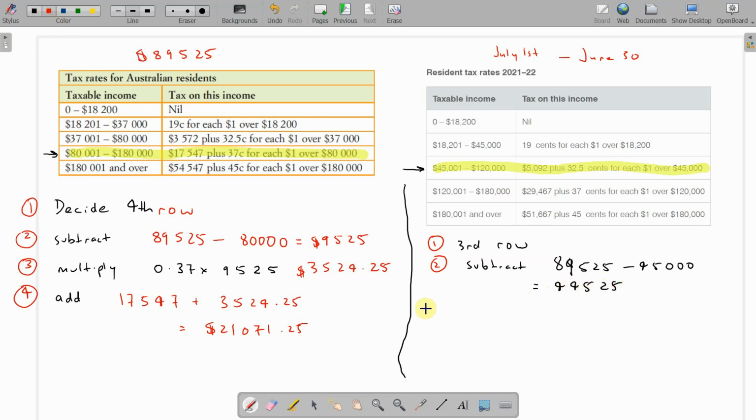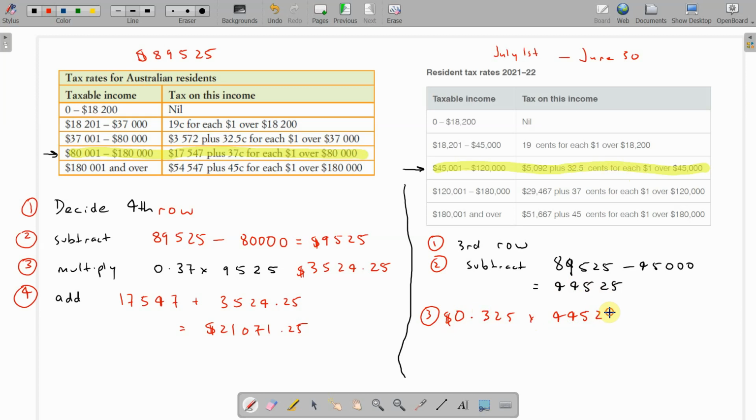Step 3, multiply. What are we multiplying? 32.5 cents for each of these dollars. Okay, so in dollar terms, 32.5 cents times this.